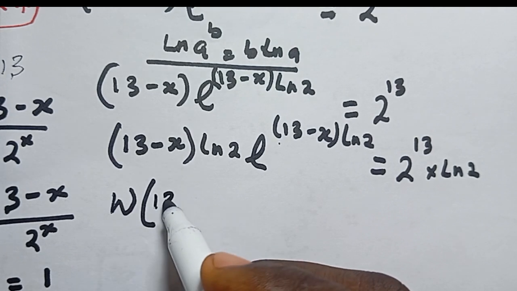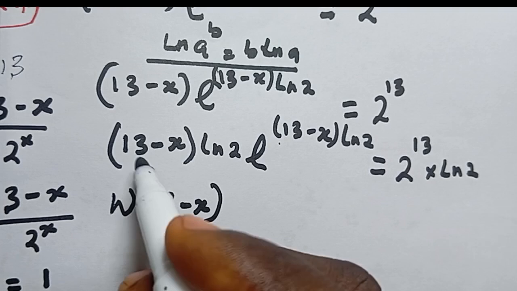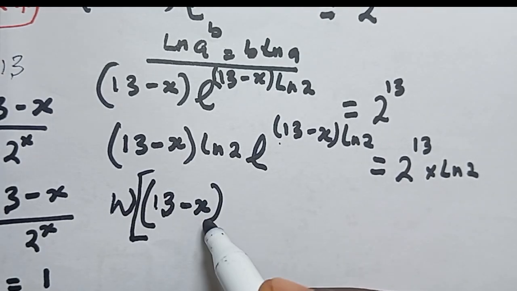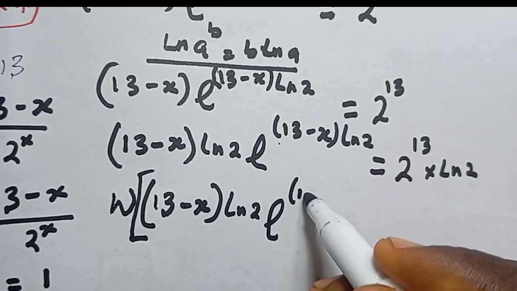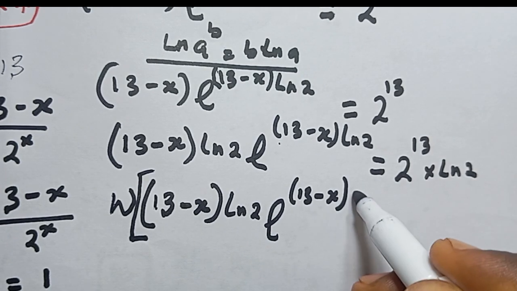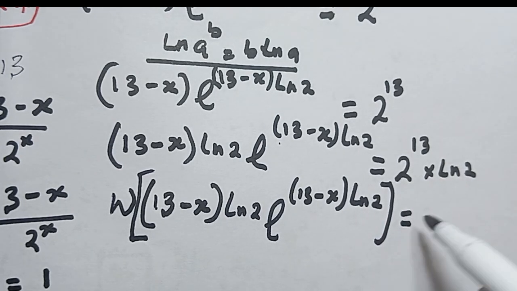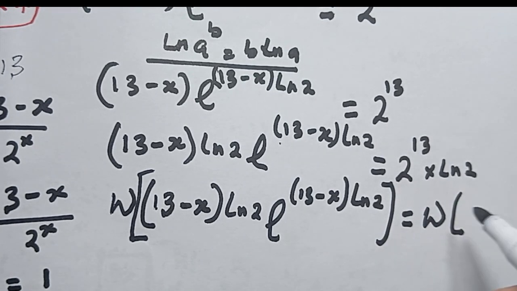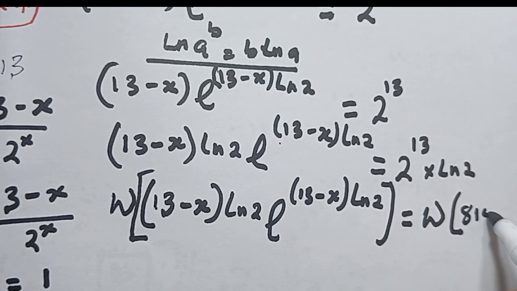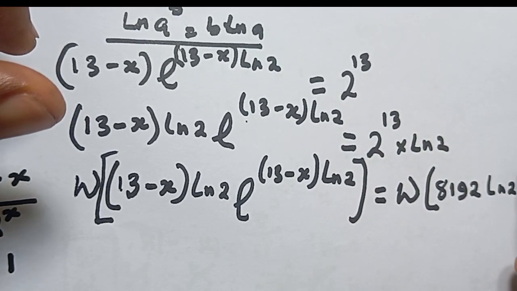So I'm going to have the Lambert W function of 13 minus x, let me put this bracket, multiplied by the natural log of 2 exponential 13 minus x multiplied by the natural log of 2. It's equal to the Lambert W function of 2 power 13, which is 8192, multiplied by natural log of 2.